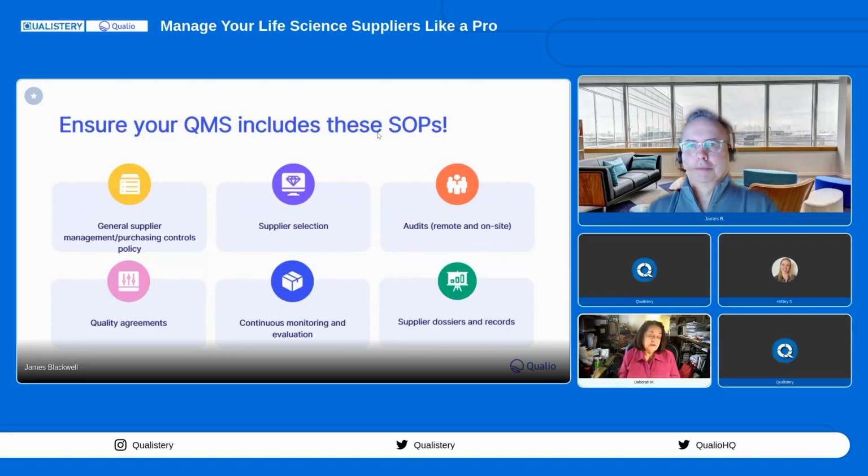Are you going to put policies in a policy manual and procedures in a procedure manual? Are you going to have both in the SOP? Those are things that you want to decide on and make sure that your SOPs are not something that somebody wrote to put on the shelf to be reviewed, but that they can actually be executed.